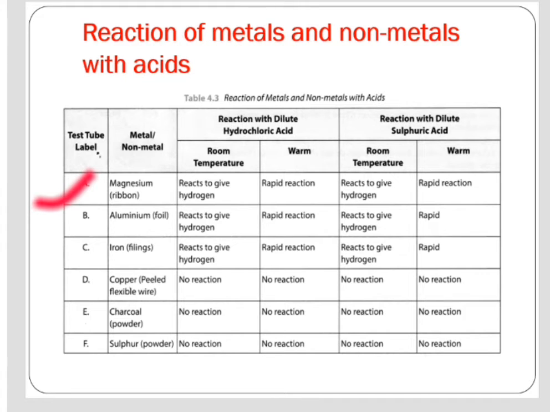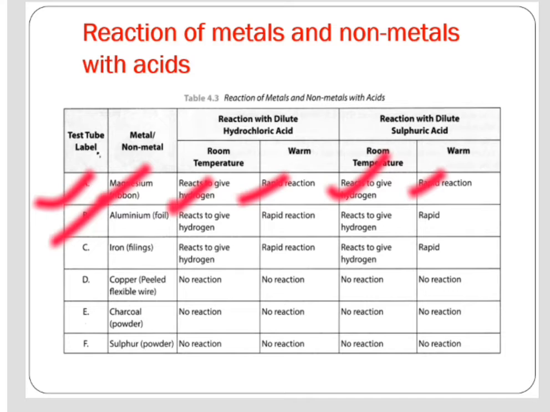First, A: magnesium ribbon. Reaction with dilute hydrochloric acid at room temperature, reacts to give hydrogen, and also on warming. Reaction with dilute sulfuric acid at room temperature, reacts to give hydrogen, and on warming, repeat these reactions.